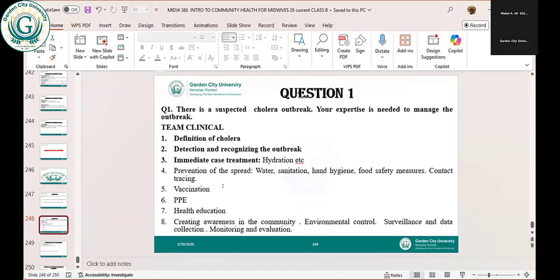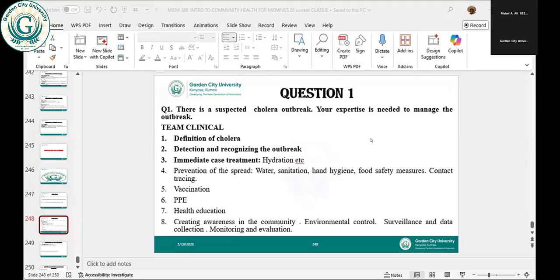So the water, sanitation, hand hygiene, food safety measures, what are they? I've seen Mabel's hand up. She was the one talking on behalf of the group. Okay, I've unmuted you. You can talk. Doctor, the prevention of spread, the water, sanitation, hand hygiene, food safety, vaccination, and PPE were all parts of the prevention of spread.